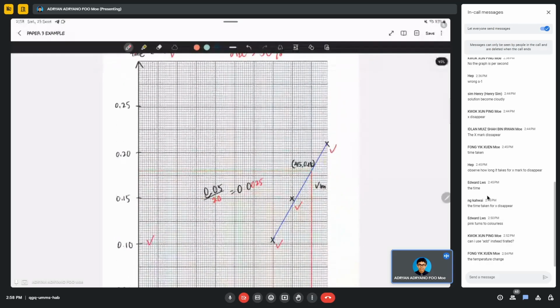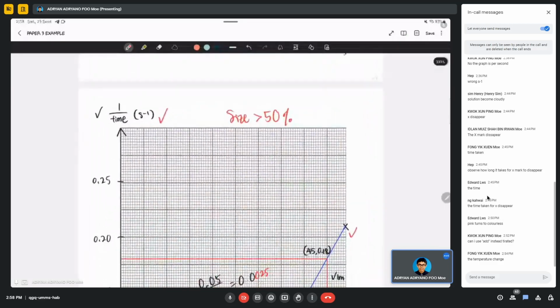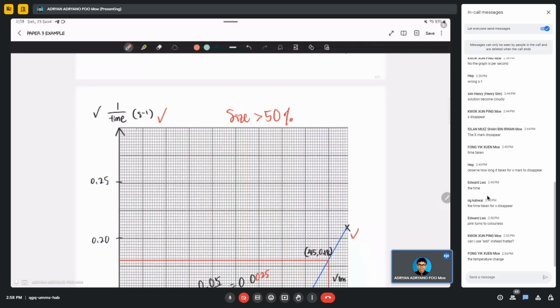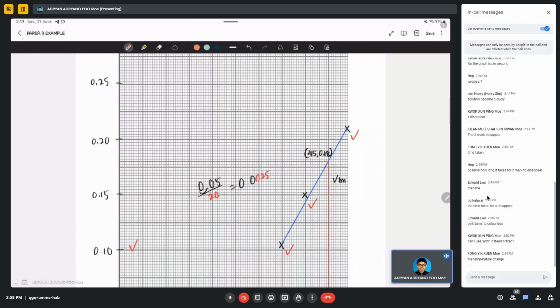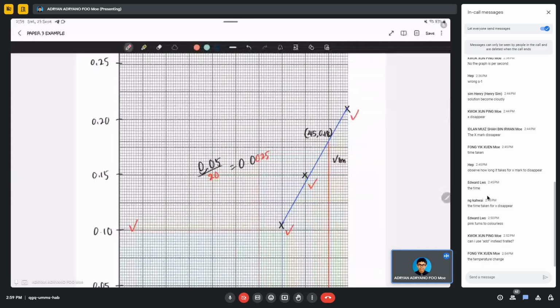And to get full marks for your graph: Y-axis and X-axis present, one mark. Second, your scale for Y-axis must be uniform, and scale for X-axis must be uniform. Can X and Y have different scales? Yes, up to you. But within each axis it must be the same. If you put 0.5 as one interval, then you must use 1, 1.5, 2, 2.5. You cannot put 0.5 and then suddenly 0.7, then 0.8. It must be uniform. That is the second mark. The third mark: you plot your data correctly on the graph paper. Plot correctly, and lastly, your best fit line will award you the 4th mark.